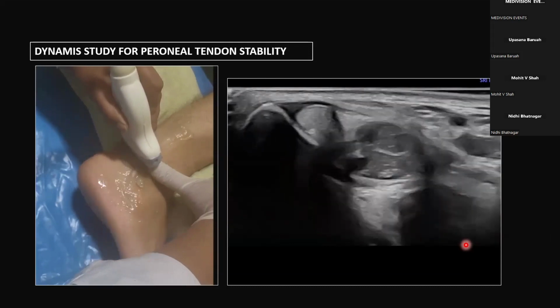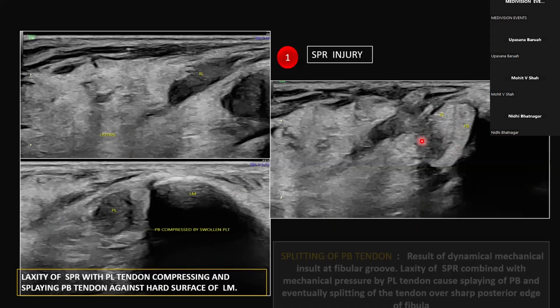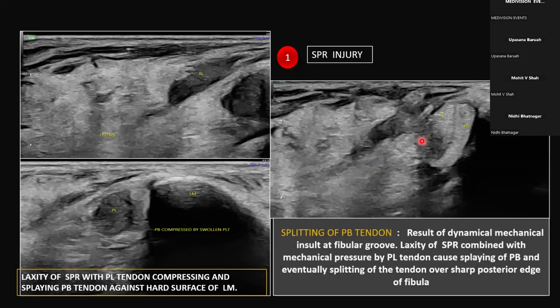And whenever there is some injury, we can see in this case there is some bleeding, and the peroneus brevis gets compressed by the peroneus longus tendon here, because of the dynamic mechanical insult at the fibular groove. There will be laxity of the superior peroneal retinaculum combined with mechanical pressure by the peroneus longus tendon, then eventually splitting of the tendon against the sharp posterior edge of the fibula.